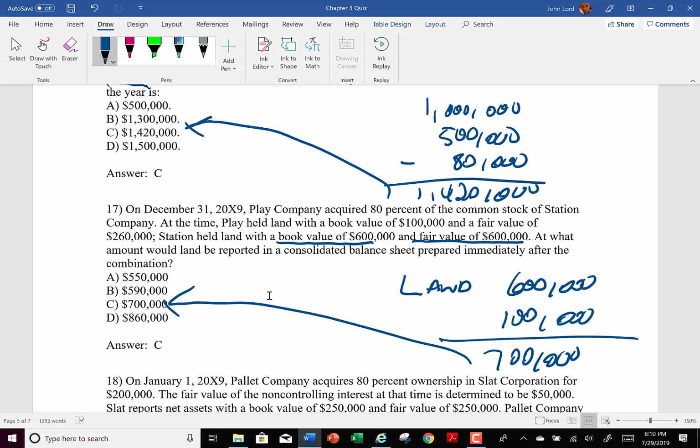So if the fair value was lower, we'd use the lower amount, whatever the fair value is, and we would subtract it. We use whatever's the fair value, higher or lower. That's what we would use, right? So we pick up the subsidiary's fair value, and we use book values for the parent, right?